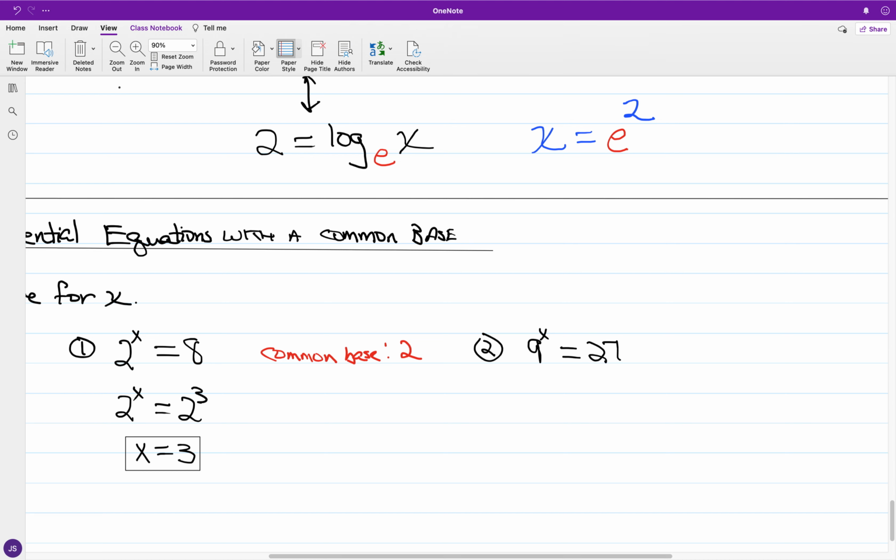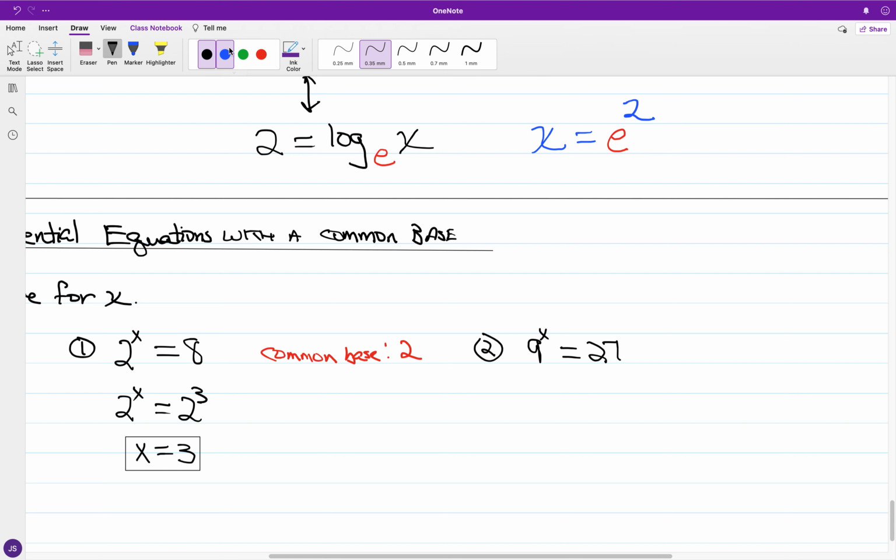Now 27 is a multiple of 9, but it is not an integer power of 9. But both 9 and 27 are multiples as well as integer powers of the number 3. So if I rewrite both 9 and 27 in terms of base 3, guess what?